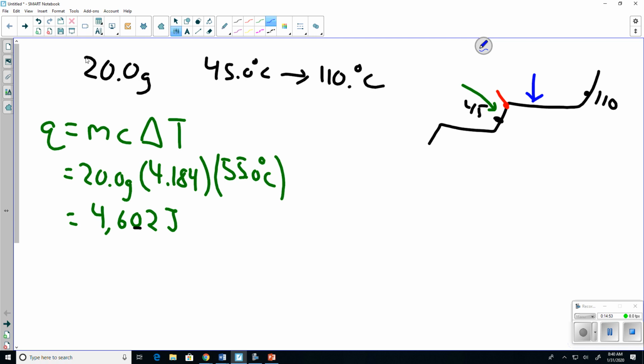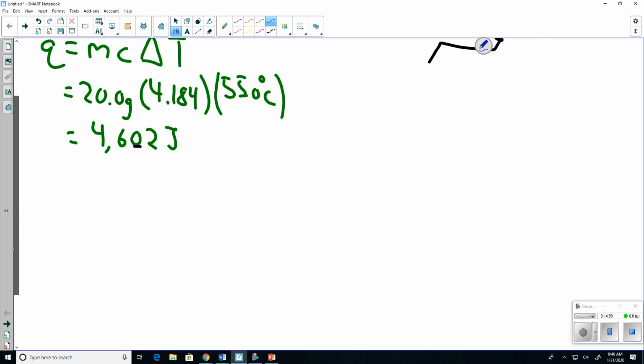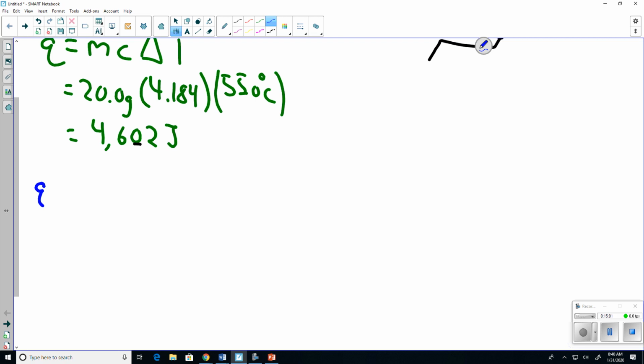I need to go across this plateau. There is no temperature change at that step, which is why my step number 2 is going to involve that other equation I had in the notes: moles times the heat of something, depending upon which plateau we're on.